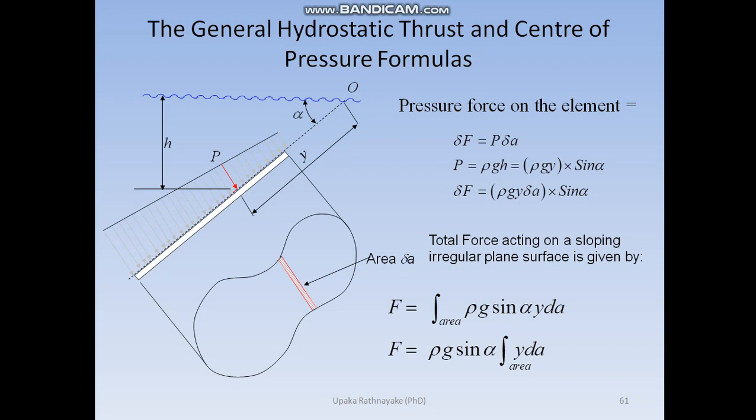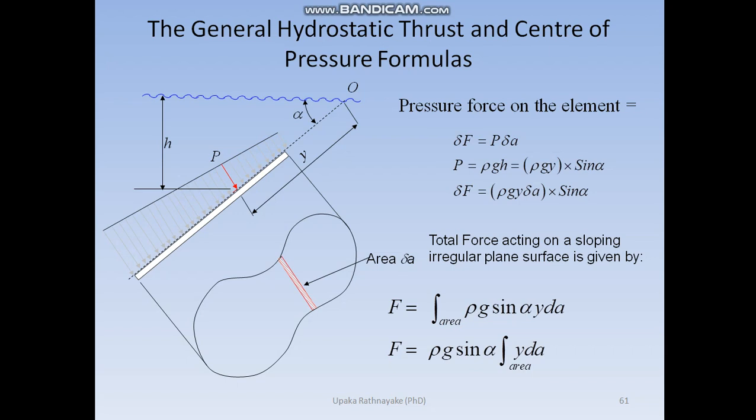Now when we do the integration over the total area, we'll find out that F is an integral over the area of rho g sin alpha y dA. If we consider an incompressible liquid, we can take this rho g sin alpha out of the integration. Now we have the integration of y dA. Is it familiar to you?